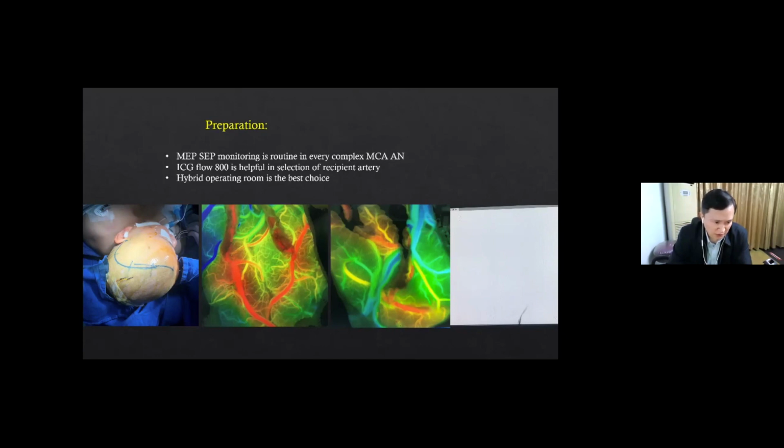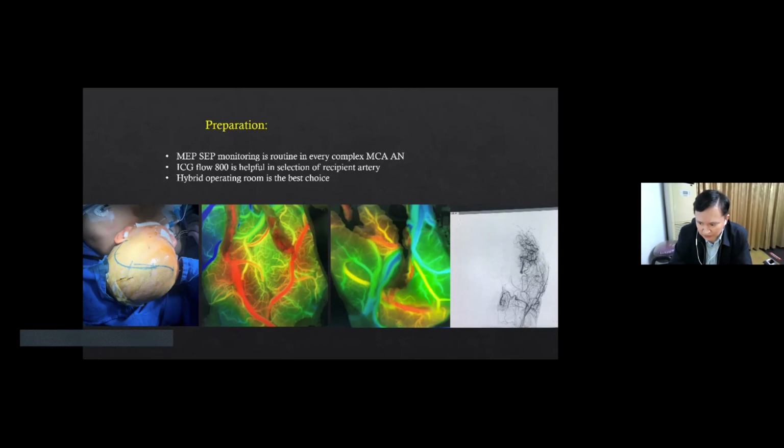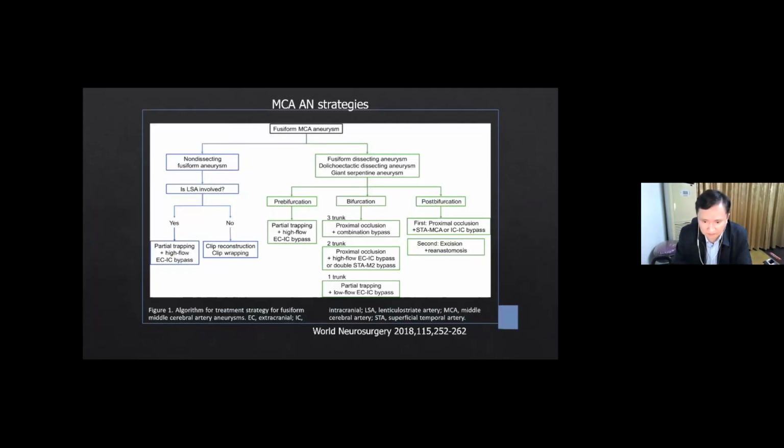You can see this patient with an MCA giant aneurysm, and we did a distal STA-MCA bypass. You can see the blood flow refluxing to the aneurysm wall, but the aneurysm didn't show a large part of the aneurysm wall. So then we combined it with distal clipping of the aneurysm. The final result was quite good.